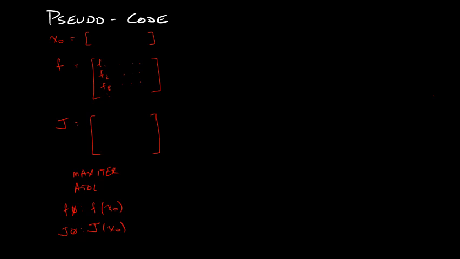Once we've done that, now we can get into a loop. We can use a for loop or a while loop, but let's say for 1 through max iterations. And the first thing that we need to do is solve for that delta x, right? And the nice thing is we have a computer that can do this for us. A lot of different languages will have different functions, but something like reduced row echelon form, whatever function does that in your programming language.